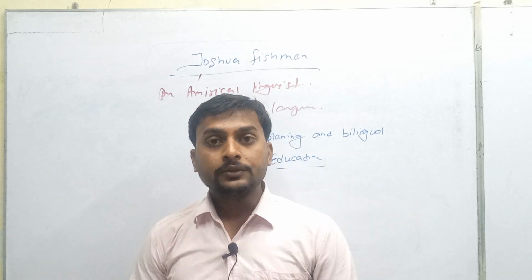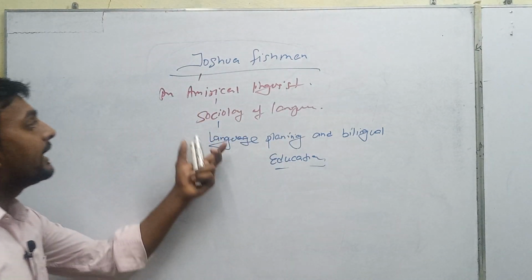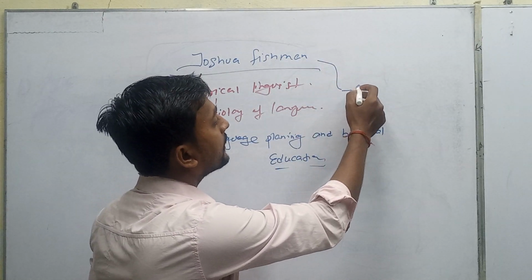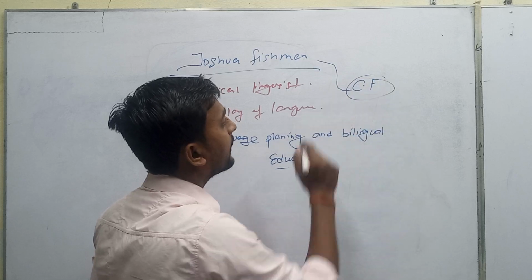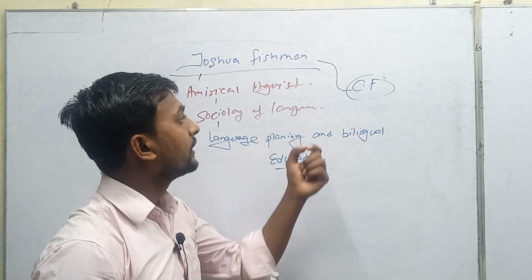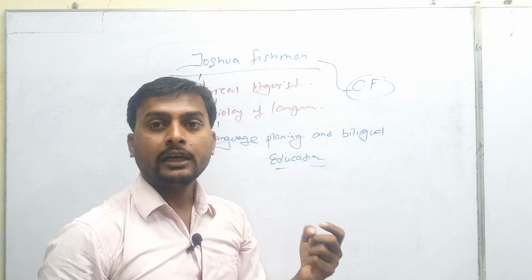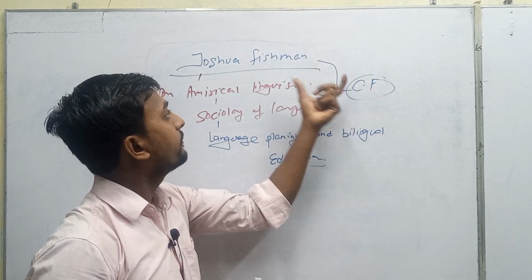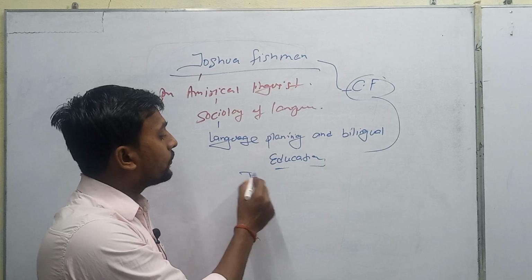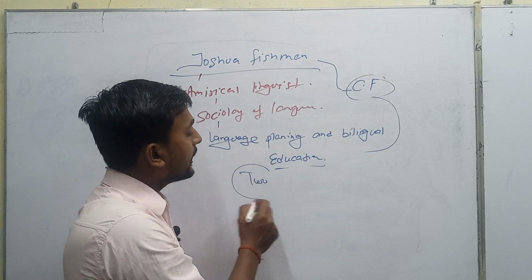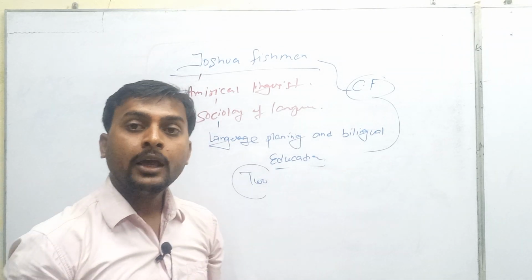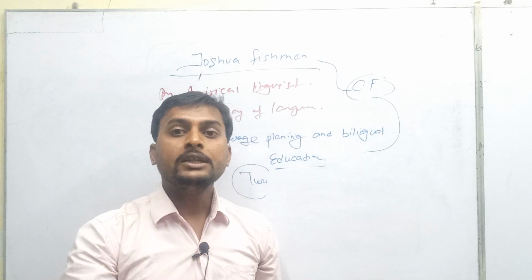Here, Joshua Fishman expanded the definition of Charles Ferguson and conceptualized one more definition of diglossia: in some situations, a society uses two different languages rather than two varieties of the same language in two different domains.